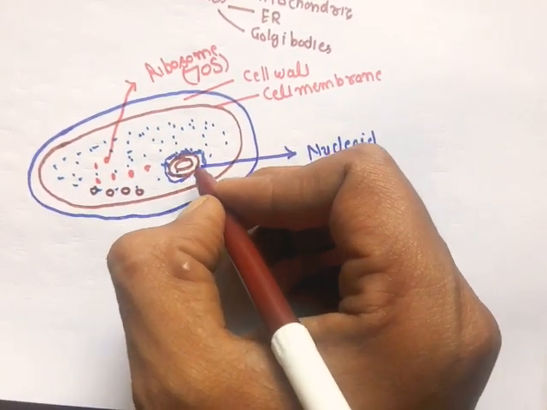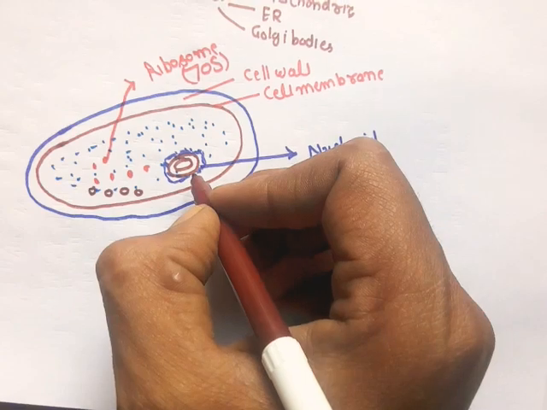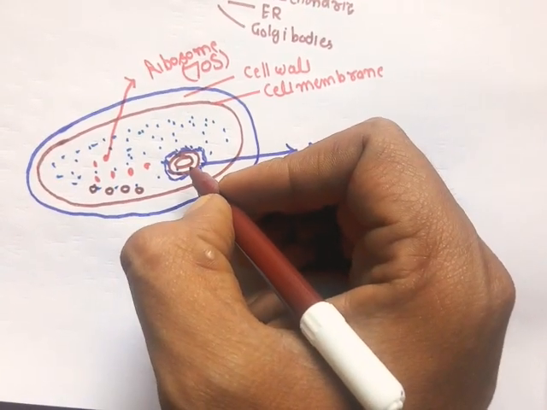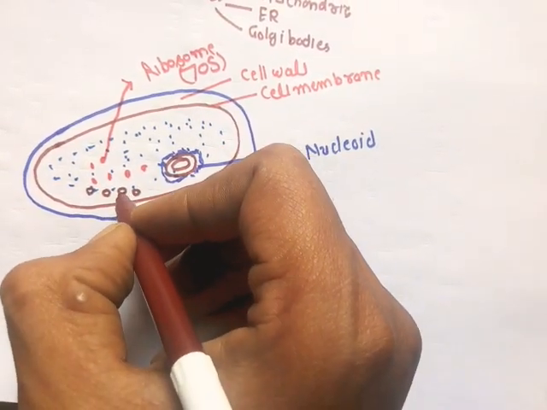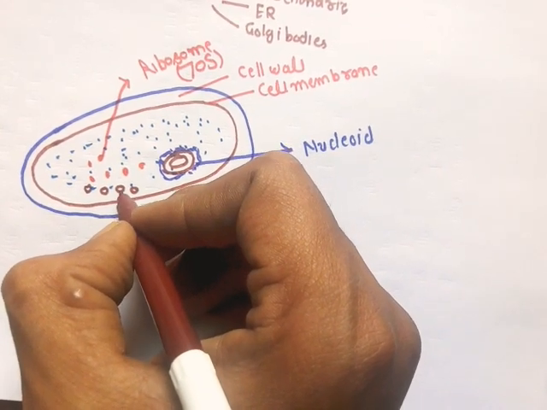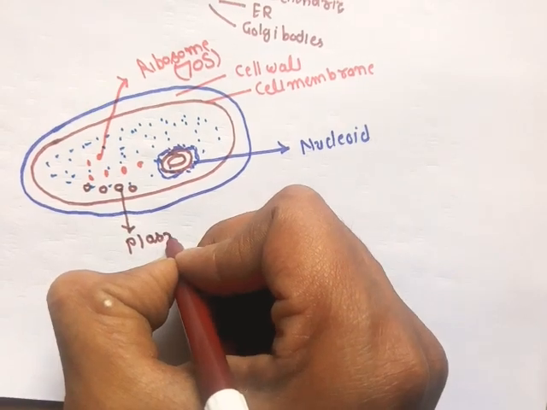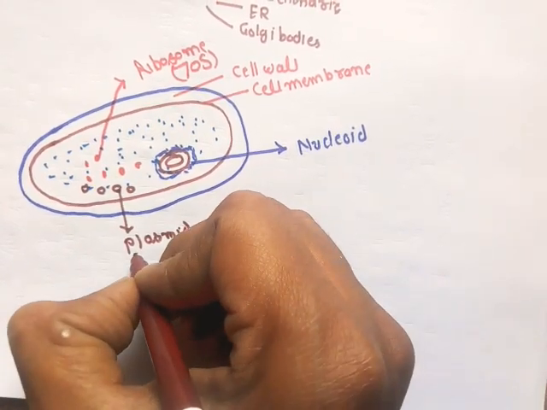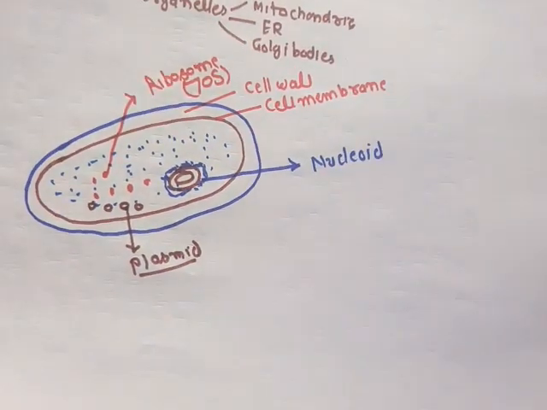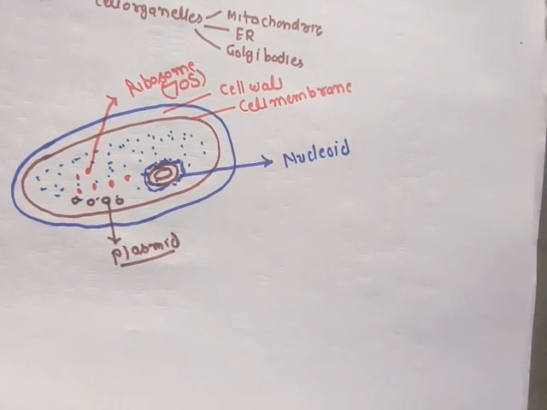The large circular DNA molecule is the bacterial chromosome. There is a single bacterial chromosome, but some other small circular DNA molecules are also present, and they are known as plasmids. We will discuss plasmids in higher classes, but they are also present in the bacterial cytoplasm.